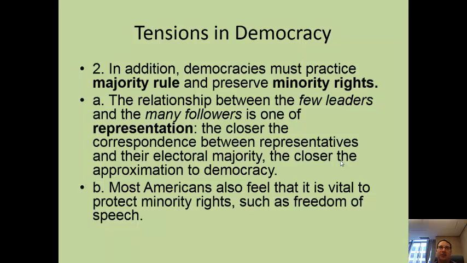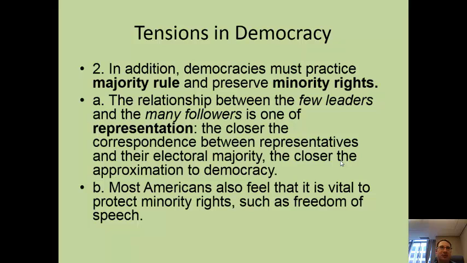So if your representative really mirrors your local town, if it's a state legislature and you live in a bigger city or in the counties that that person represents in the state, or from Congress, if the several regions that your congressperson represents, if they're doing a good job of matching the values and votes and those kinds of things of their constituents, then this theory says we're getting closer to democracy.